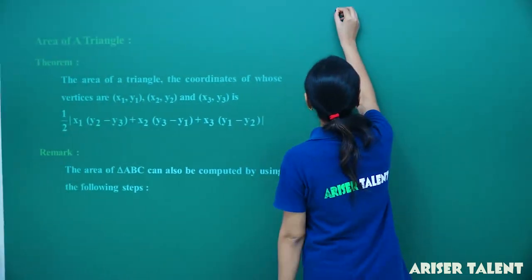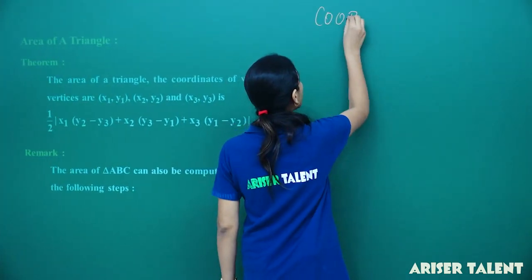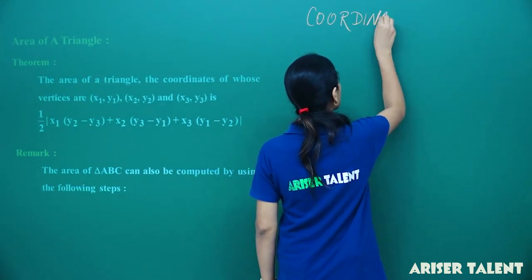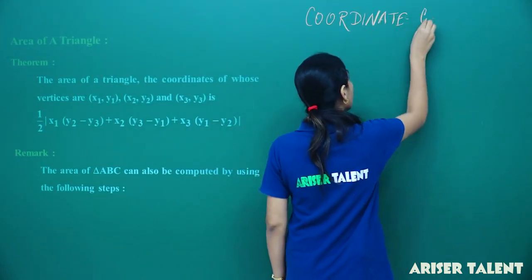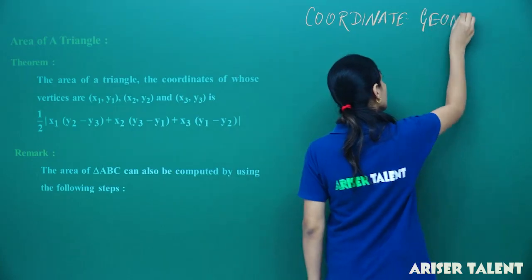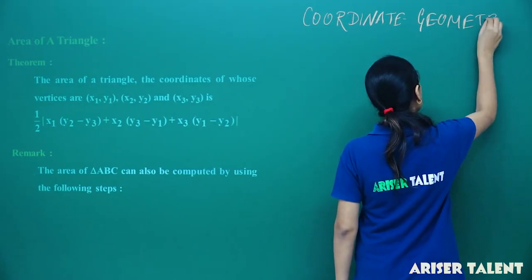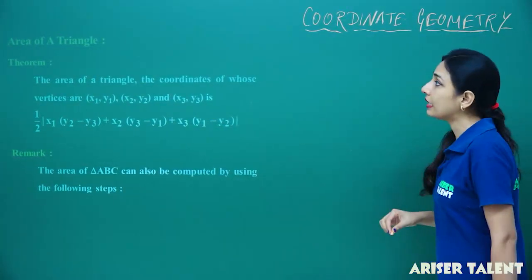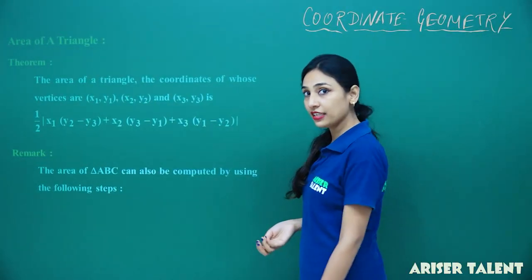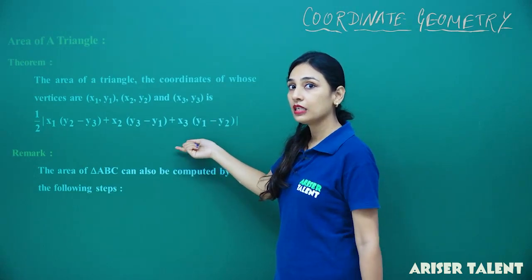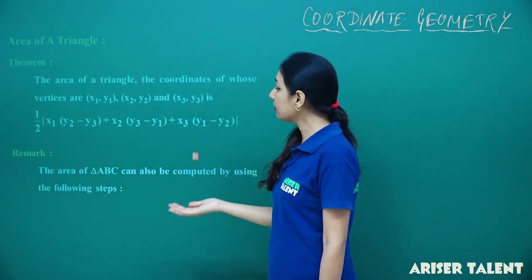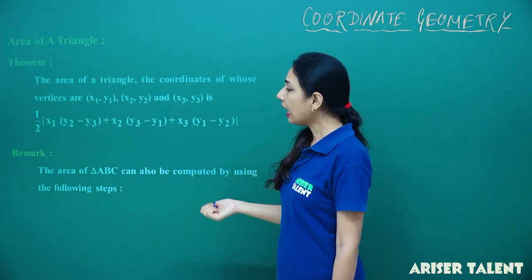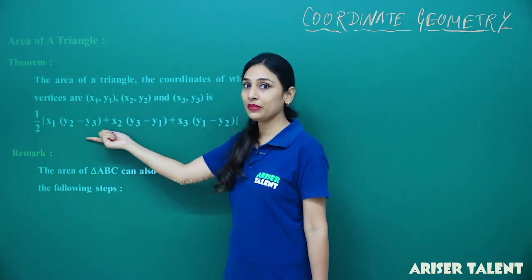Talking about our lecture, we are right now discussing coordinate geometry, right guys? In our last lecture, we were discussing the area of a triangle, and that area formula was something like this.